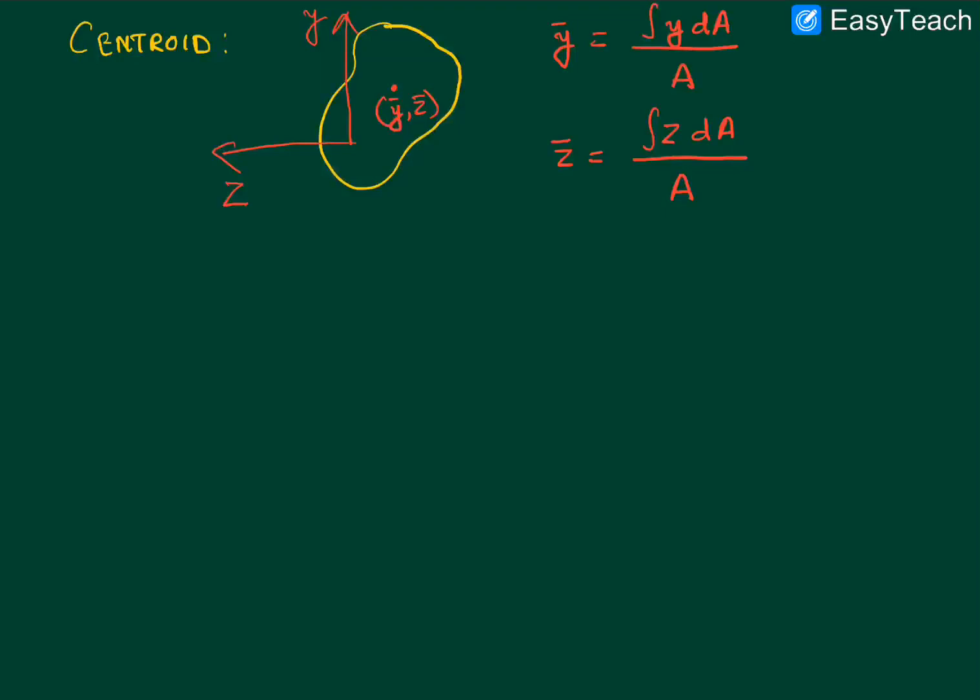Suppose next what we do is we consider this very same cross section, but we shift our coordinate axis, the origin of our coordinate axis, to this y bar, z bar.